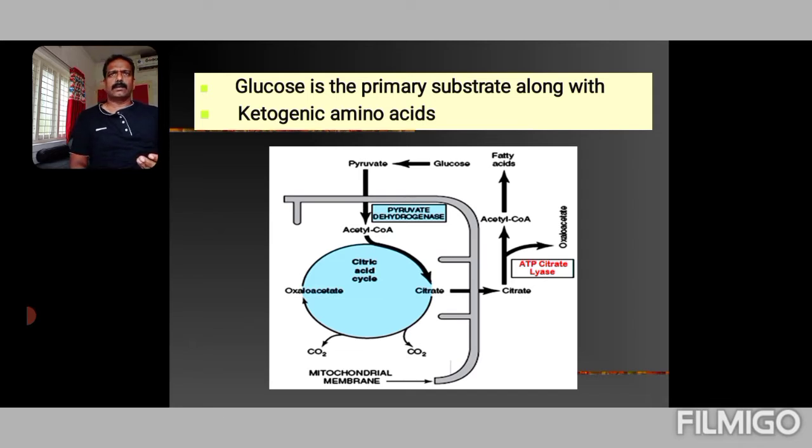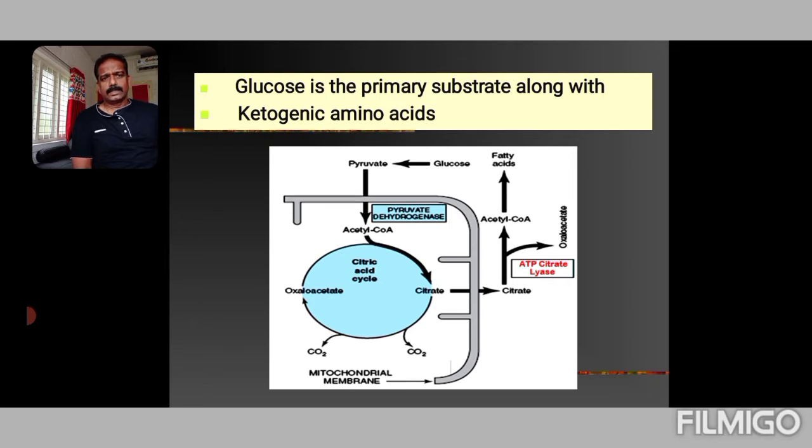Also, some amino acids like leucine and lysine, the ketogenic amino acids, are converted to acetyl-CoA, as well as some amino acids which get converted to pyruvic acid, and then pyruvic acid gives rise to acetyl-CoA again inside the mitochondrial matrix. So one of the tasks of fatty acid synthesis is to take the acetyl-CoA, which is present in high concentration inside the mitochondrial matrix, to the cytoplasm.